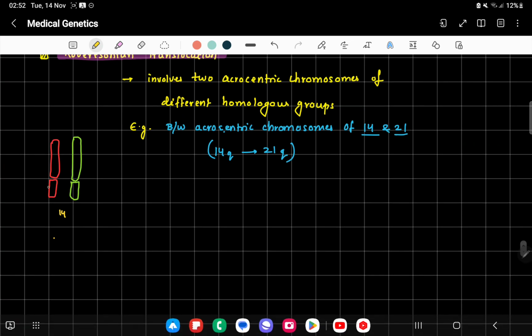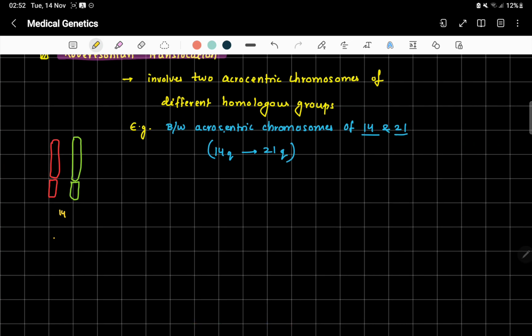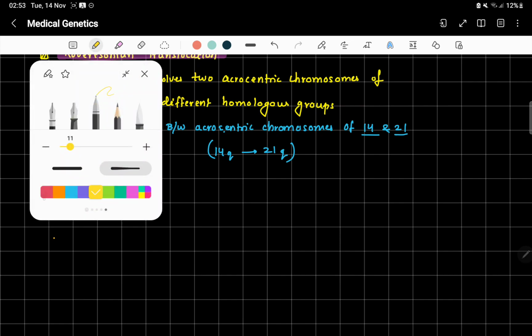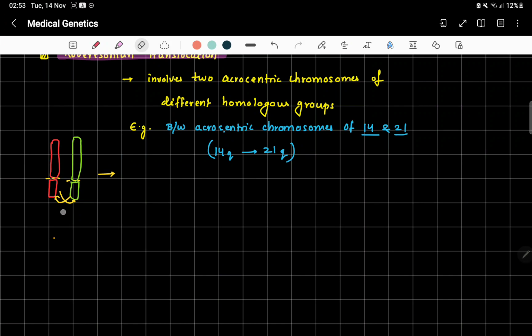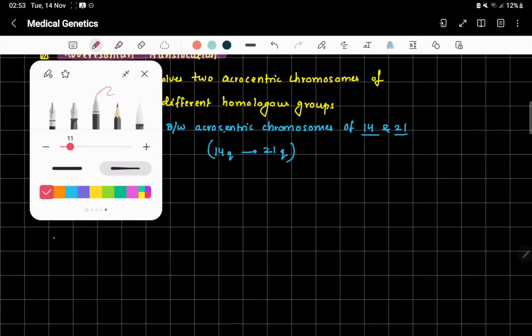What will occur is that this part will go here and this part will go here. So this will become like this, chromosome 14 and 21.